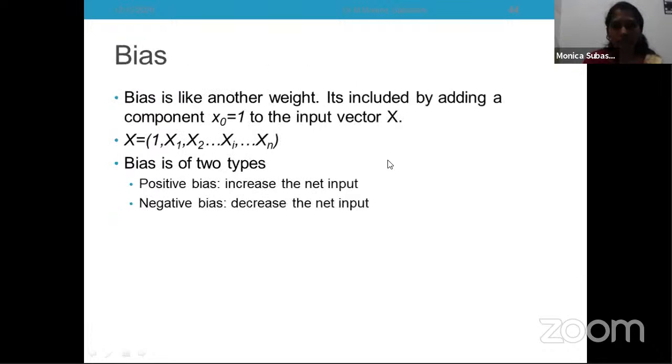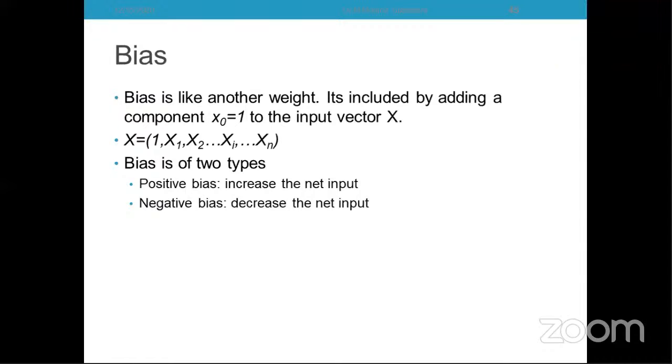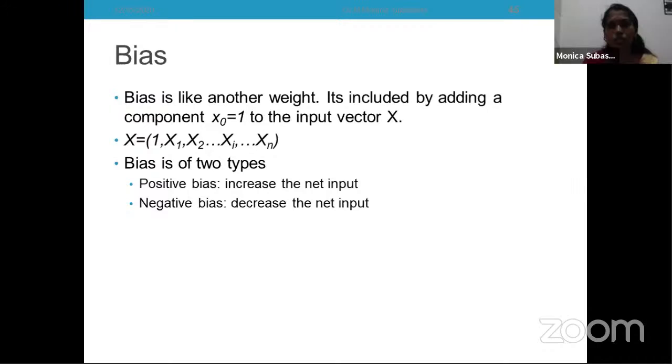Next, what about bias? Apart from weight, there is another factor. Suppose your calculated net input is not reaching the target, I cannot modify the weight, I cannot change the input. What would be the solution? This is where you use bias.